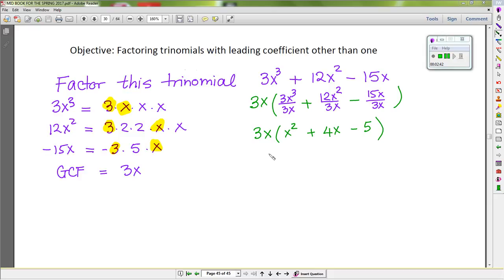So now we continue to factor this. 3x will be our first factor, and inside the trinomial x squared plus 4x minus 5, we will continue to factor. I'm going to put the blanks and the plus, and go ahead and draw a square.